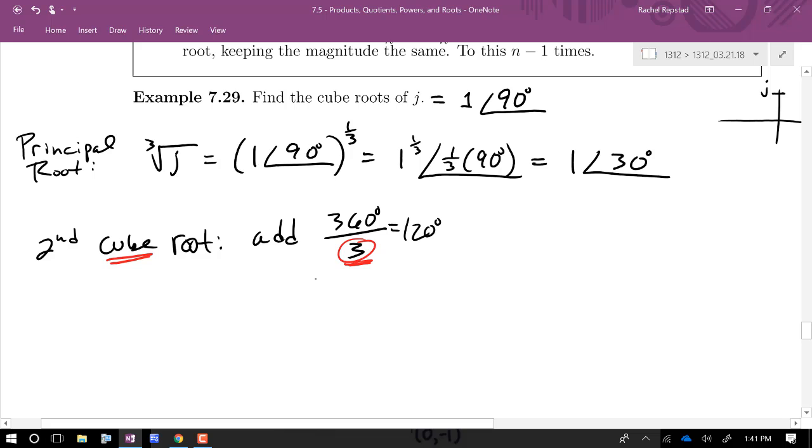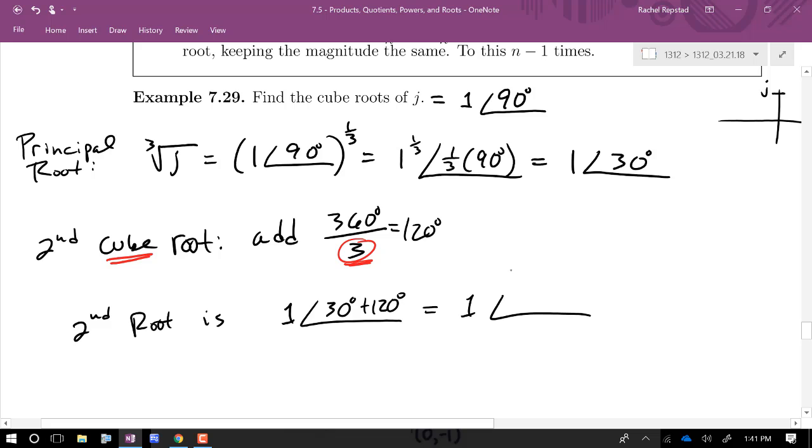So our second root is, we have a modulus 1, and then 30 plus 120 is 150.